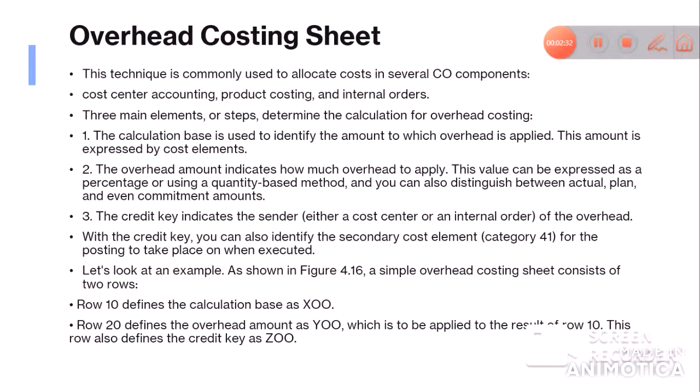In addition to that, this overhead costing sheet is an important topic in controlling. This is a must known concept in controlling because it is used to allocate costs in internal orders, product costing, and cost center accounting.